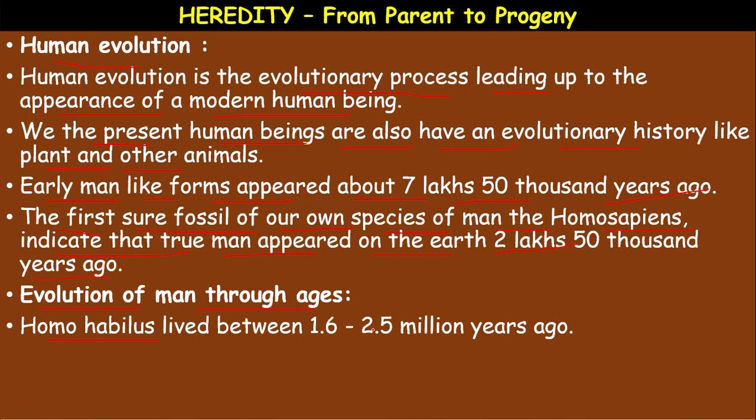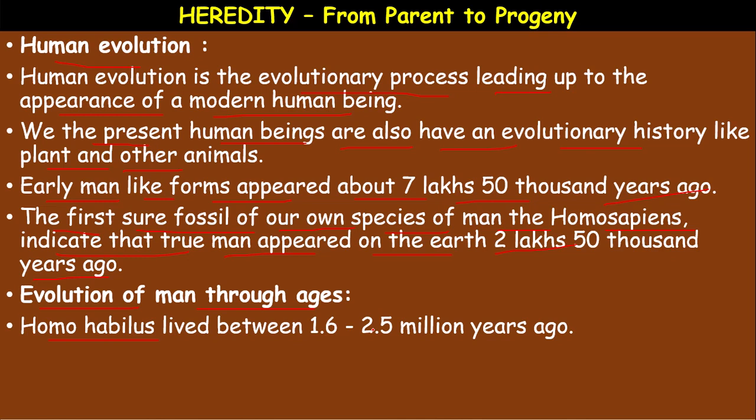Then Australopithecus africanus, the first ape man, 5 million years ago. The cranial capacity is 450 cubic centimeters.